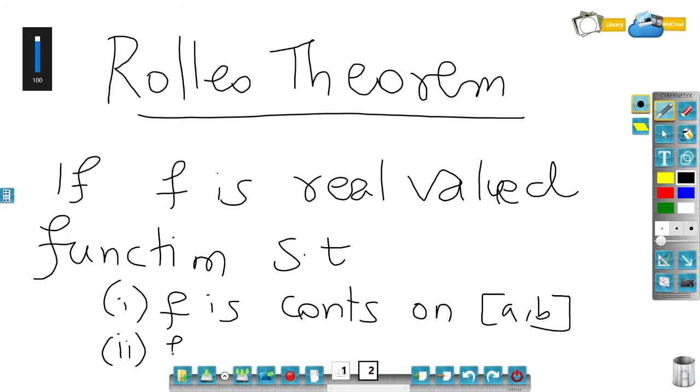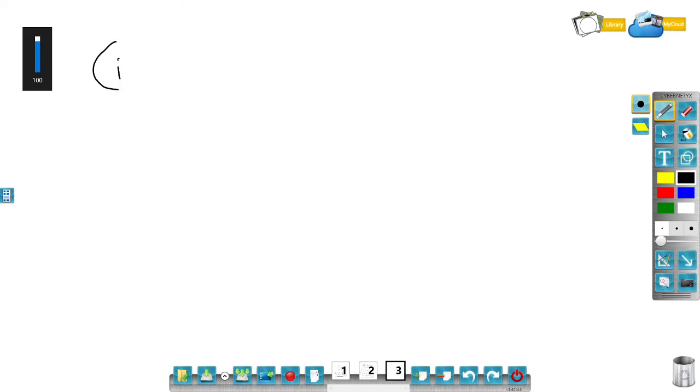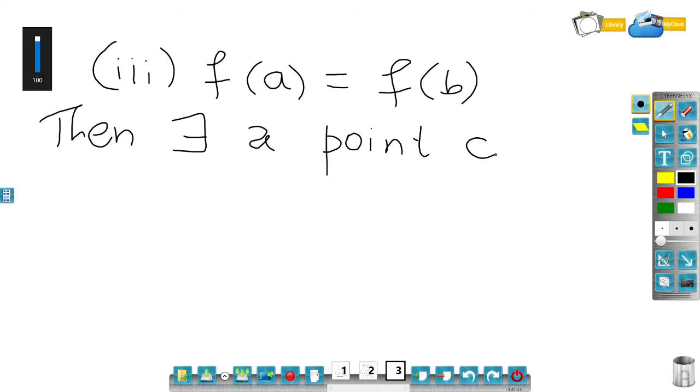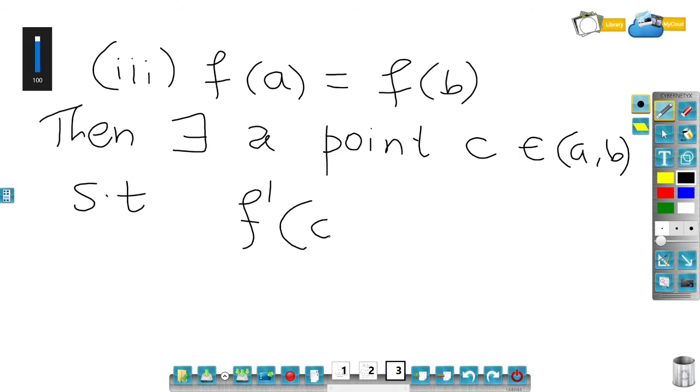Second, f is differentiable on the open interval (a, b). Third, f(a) is the same as f(b). Then there exists a point c belonging to the open interval (a, b) such that f'(c) is equal to 0.